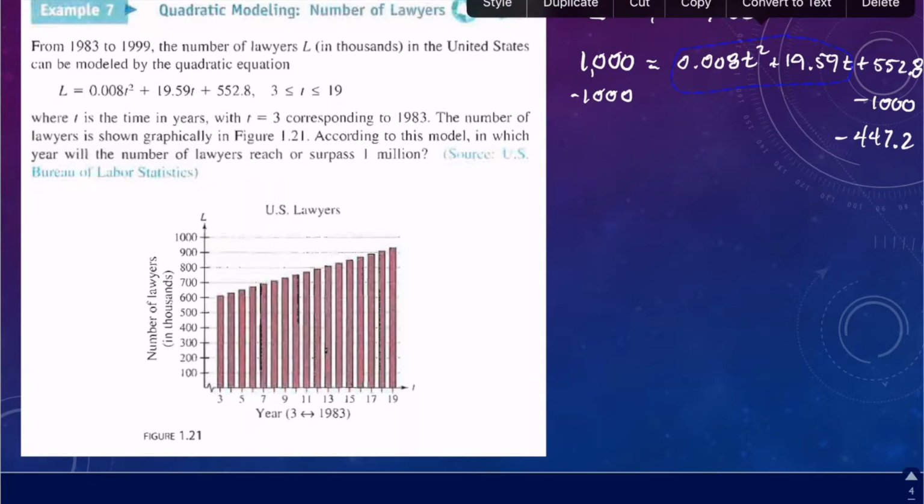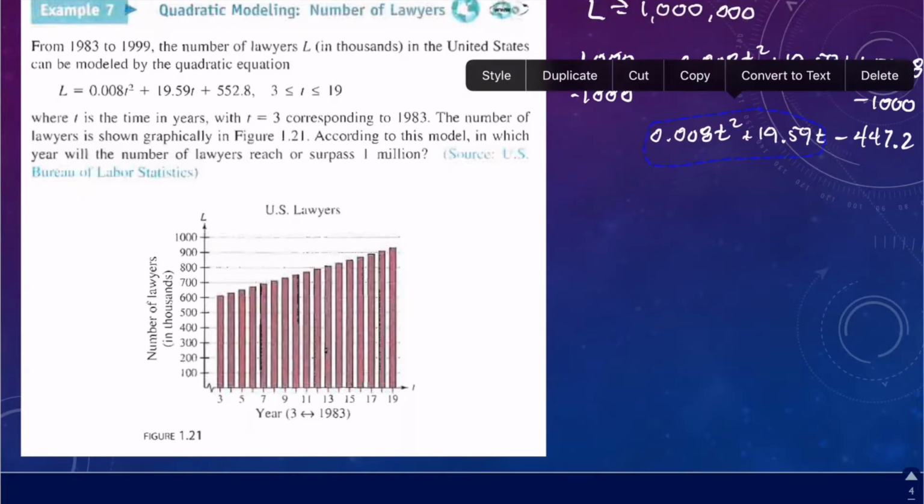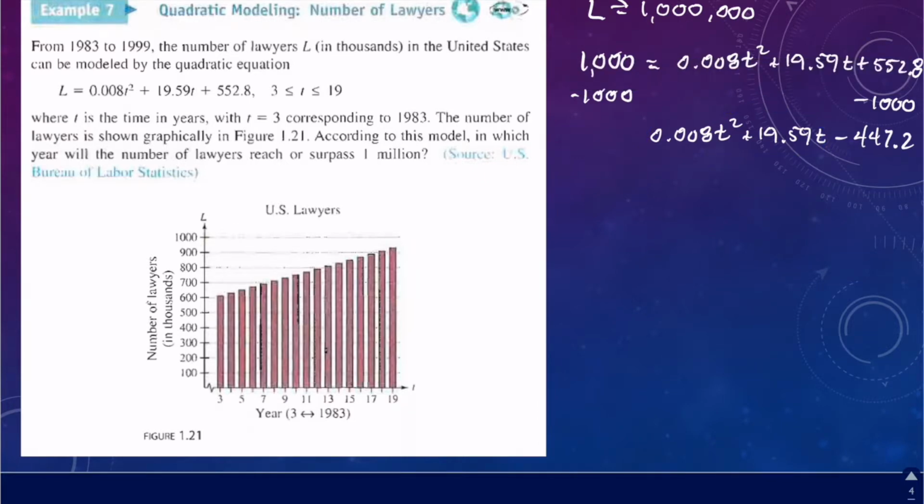So if I take that expression and combine it with negative 447.2, that now equals 0, since we subtracted 1,000 from each side. Well, that's a quadratic that's equal to 0, so we can just use the quadratic formula.